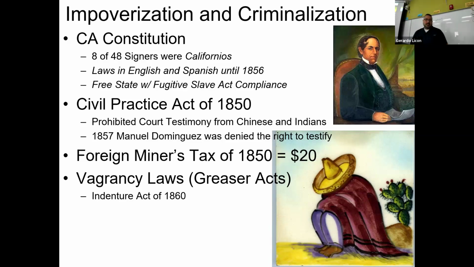You got 10 years of free labor. So these are ways in which people were impoverished, ways in which they had just become US citizens and they were already not getting their rights as citizens.